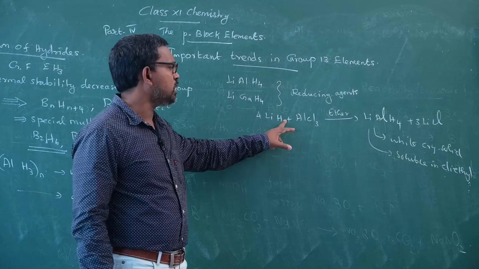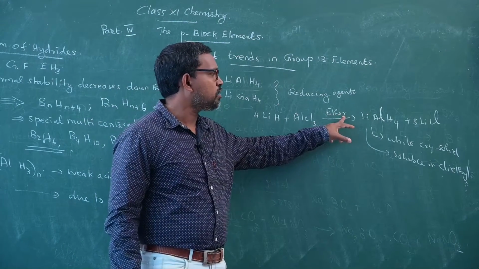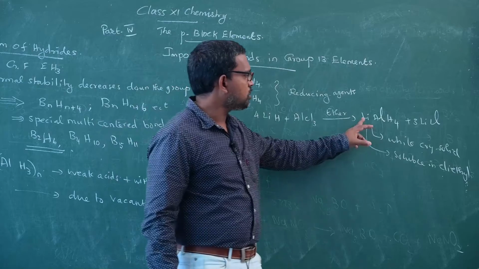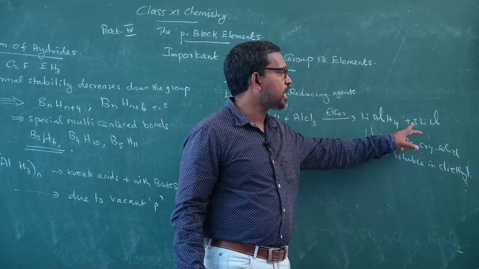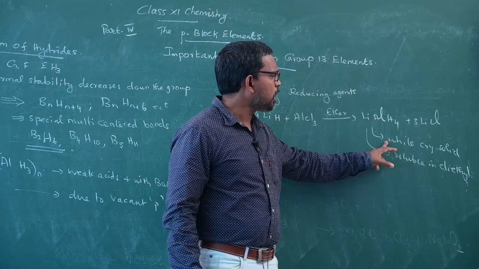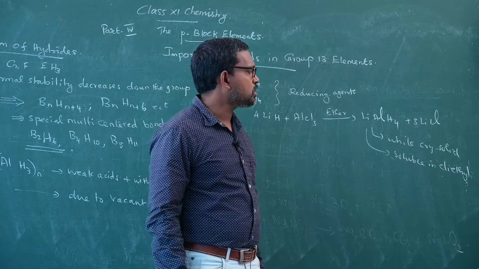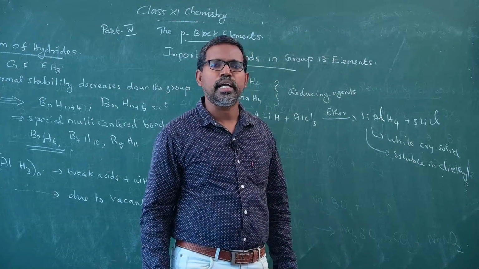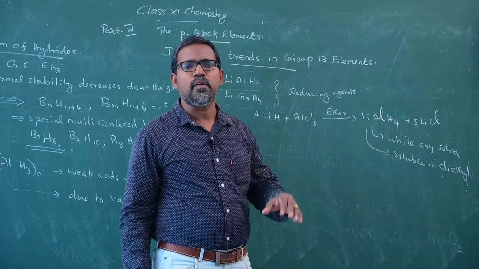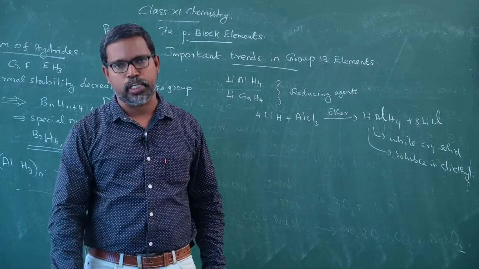Lithium hydride reacts with aluminium chloride in the presence of ether. It gives lithium aluminium hydride and lithium chloride. Lithium aluminium hydride is a white crystalline solid, completely soluble in diethyl ether. It is a powerful reducing agent in organic chemistry.